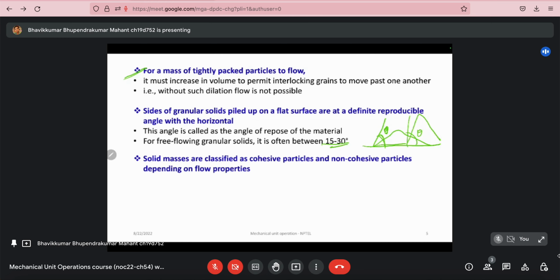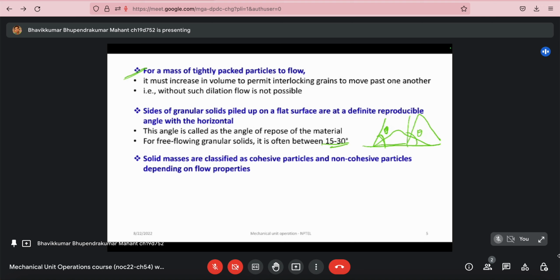Solid masses are classified as cohesive particles and non-cohesive particles depending on the flow properties. As we know, solid particles also have a cohesion force in between, where two particles are attracted to each other with the help of cohesive forces. If our particles are attracted by cohesive forces, then there are different flow properties and classification.